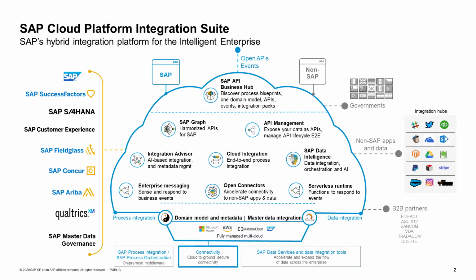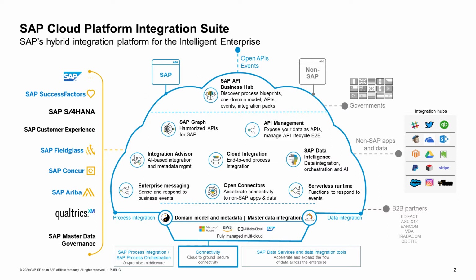So I would like to start with a brief introduction into the Cloud Platform Integration Suite. If you take a look at today's landscapes, you encounter that they become more heterogeneous, more hybrid, and seamless integration is actually a key for the intelligent enterprise, right? And that's exactly where we position the Cloud Platform Integration Suite.